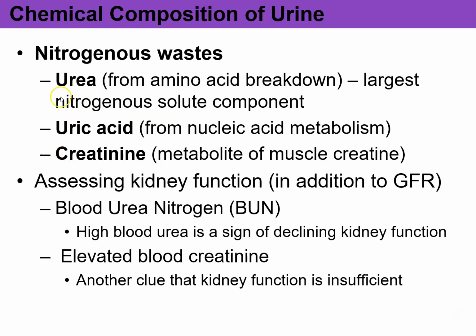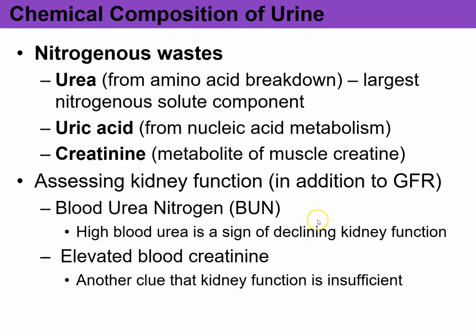There are other nitrogen-containing compounds: uric acid, which comes from nucleotide metabolism, and creatinine, which is a metabolite, as we said, of muscle creatine. Those are nitrogen-containing compounds, and we can measure all the nitrogen by a special chemical reaction test, and we'll call that blood urea nitrogen.